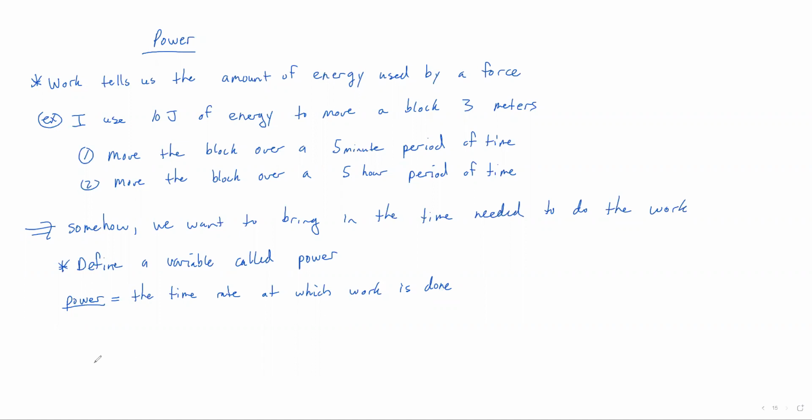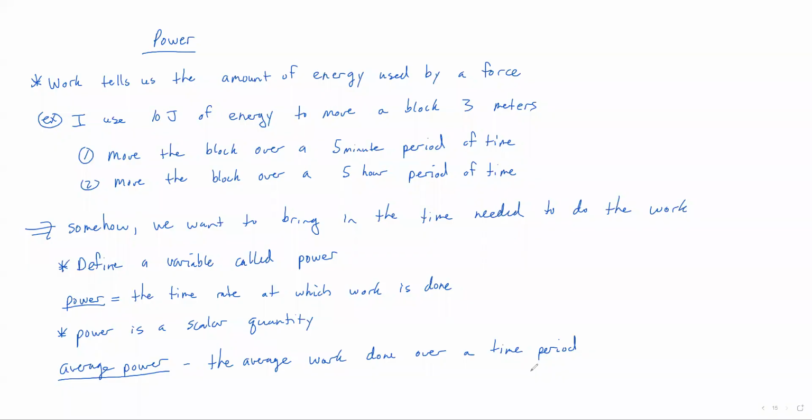All right. Now, the other thing I want to note too is, again, it's almost like an efficiency, right? So power is going to be scalar. It doesn't matter what direction you're going. So power is a scalar quantity. Now, I also want to define the average power.